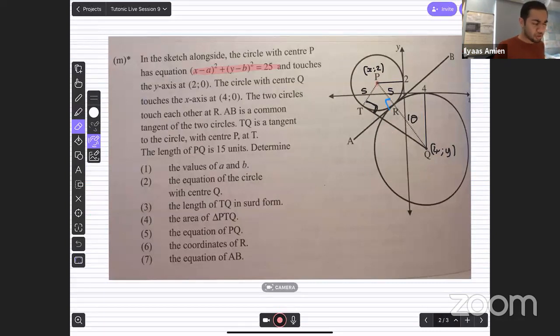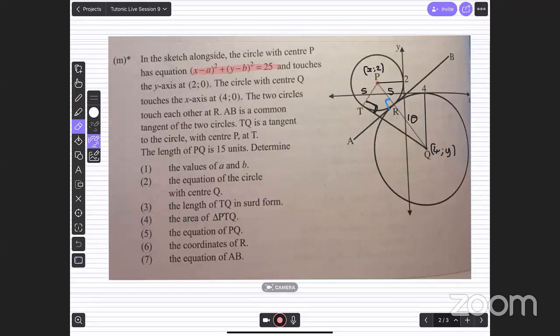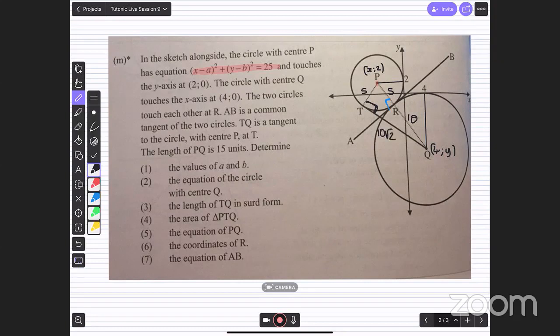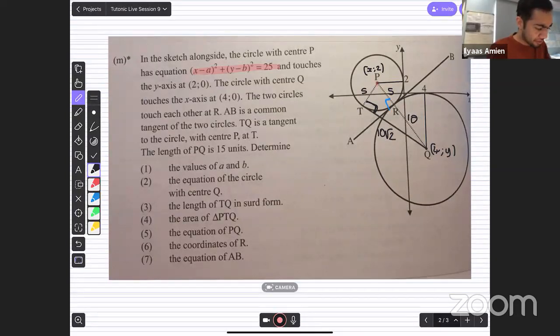So 15 squared, which is 225, minus 25 is 200. The square root of 200 is 10 square root 2. Yeah, it's 10 square root 2. And this distance we don't know yet.